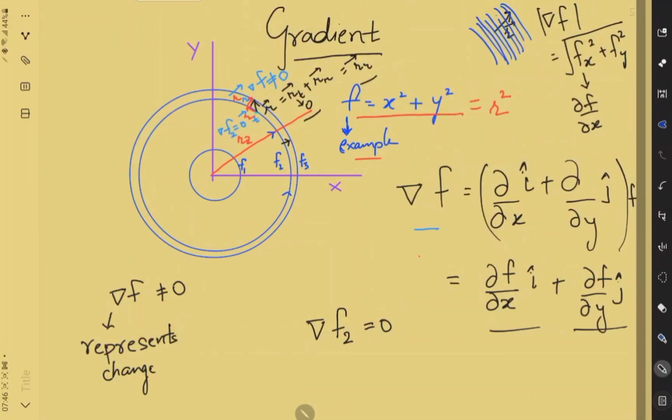This will give us how much change there is if we move along some direction r in our function.